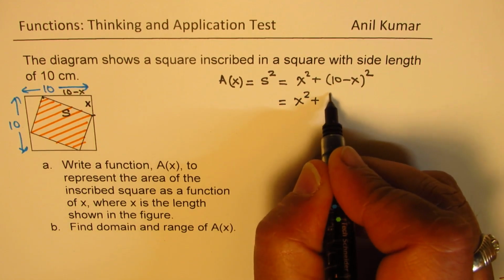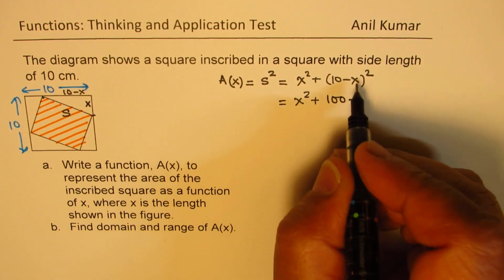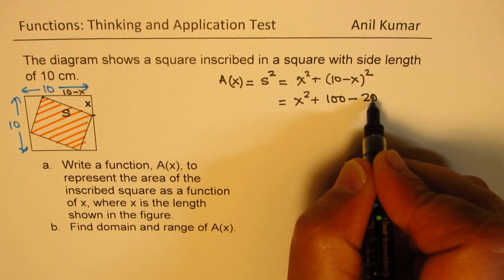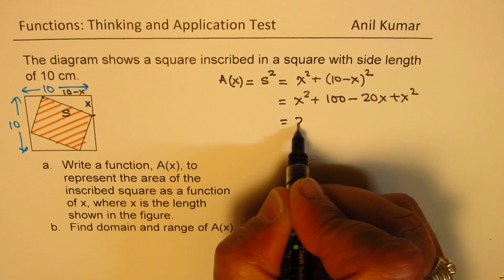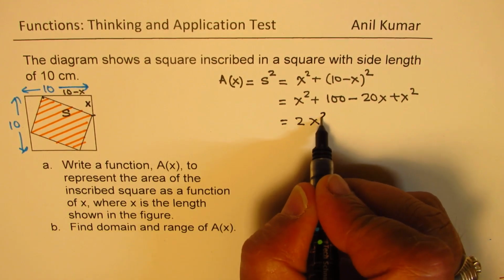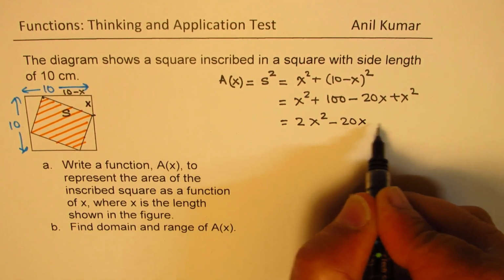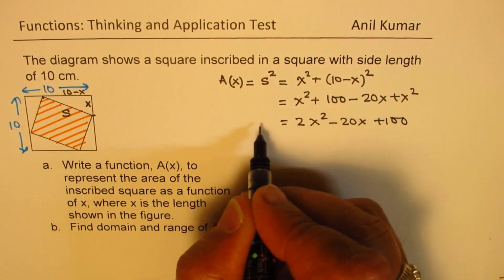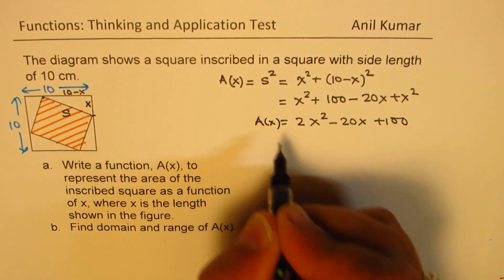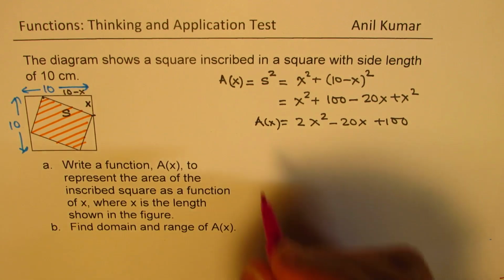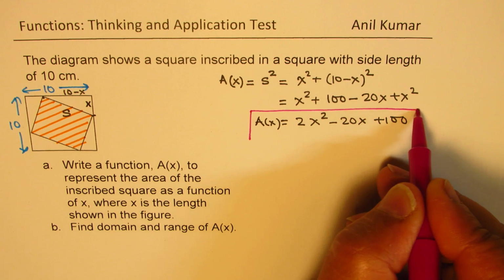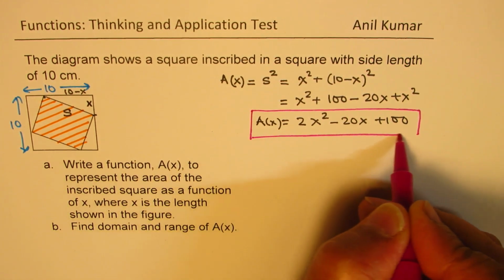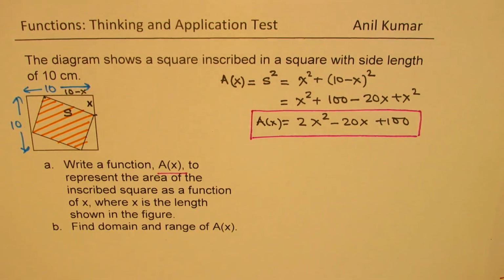So we get here 10 squared, which is 100, minus 2ab, which is 20x, plus x squared, and simplify this to get 2x squared minus 20x plus 100. So that becomes the area function in terms of x. So that is part A for us.